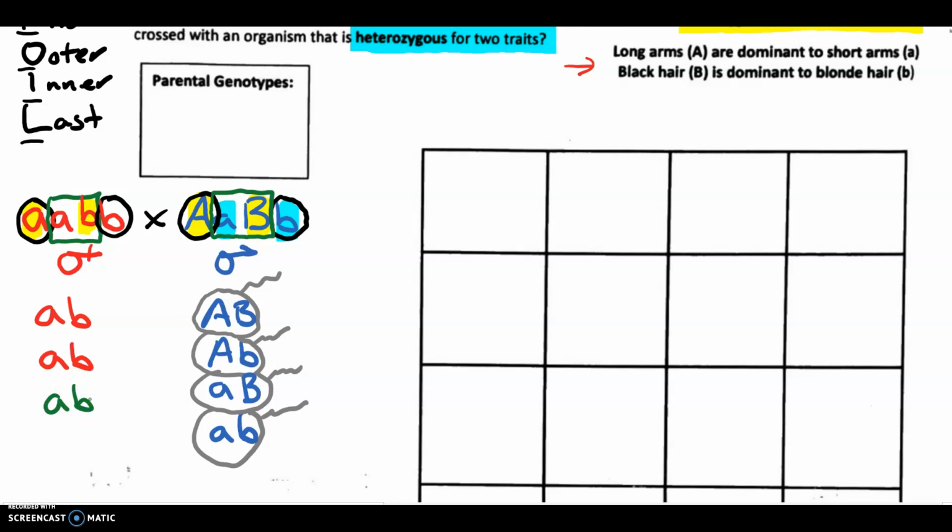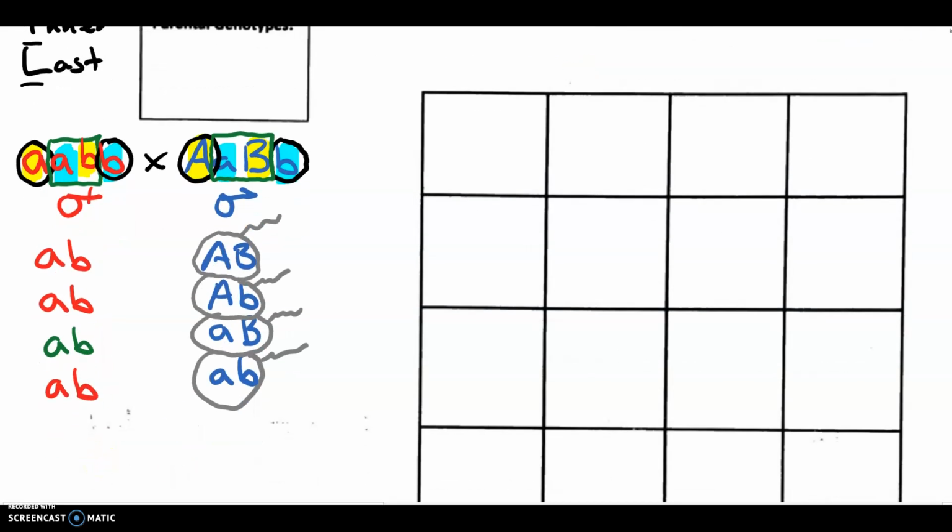And the lasts are going to be little a, little b. I accidentally did that one in green. It doesn't really matter. They should all be red, but these are all going to now represent the female egg cells. I'm just going to put a circle around each one. Okay. So these are all eggs, and these are all sperm.